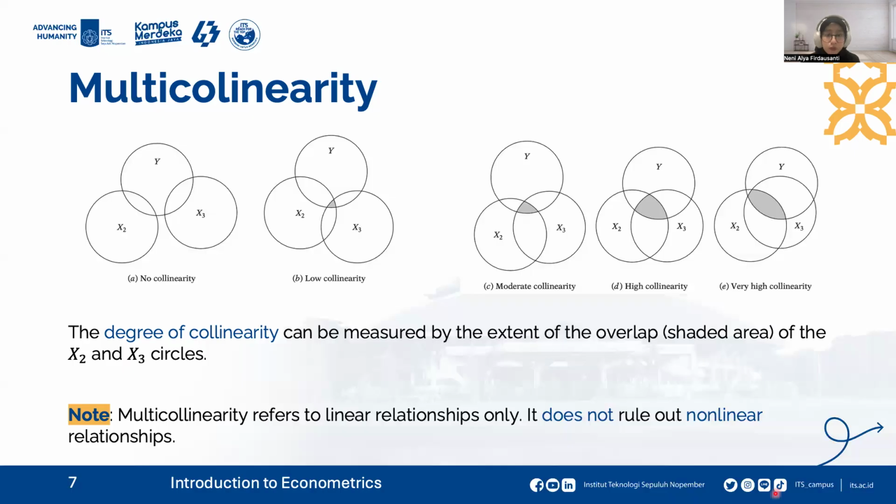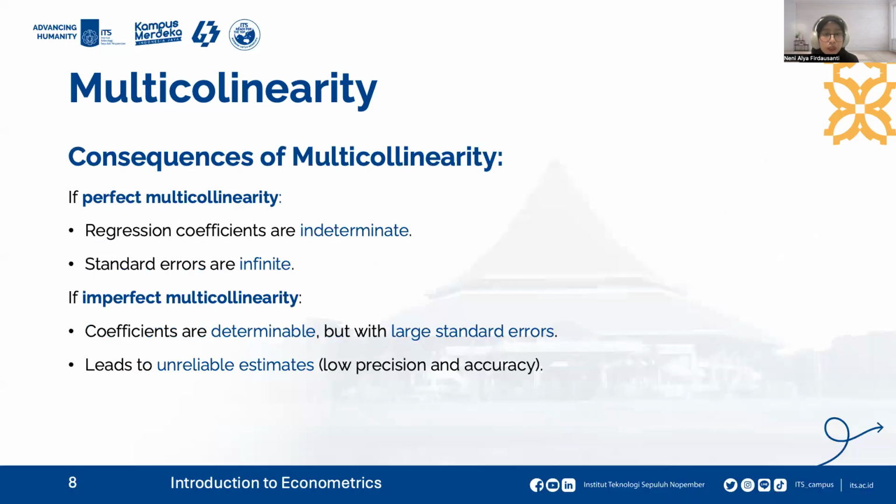This is the consequences of multicollinearity. If we have perfect multicollinearity, the regression coefficients are indeterminate, which means your standard error will be very high, and it will be hard to determine whether a variable is really significant or not.